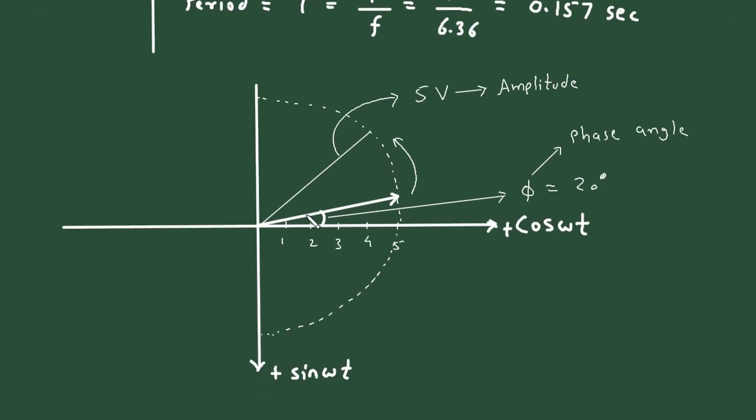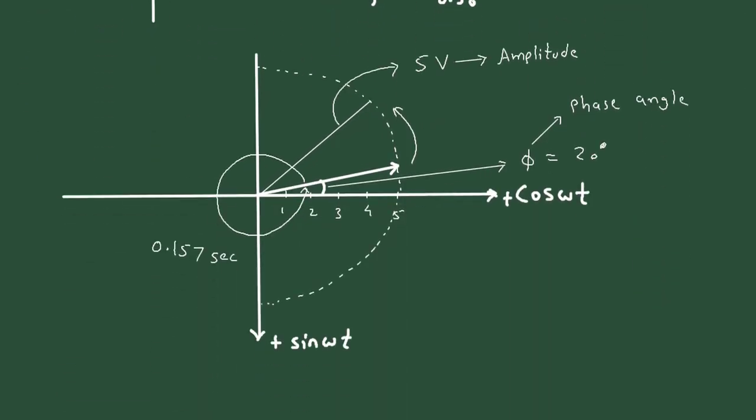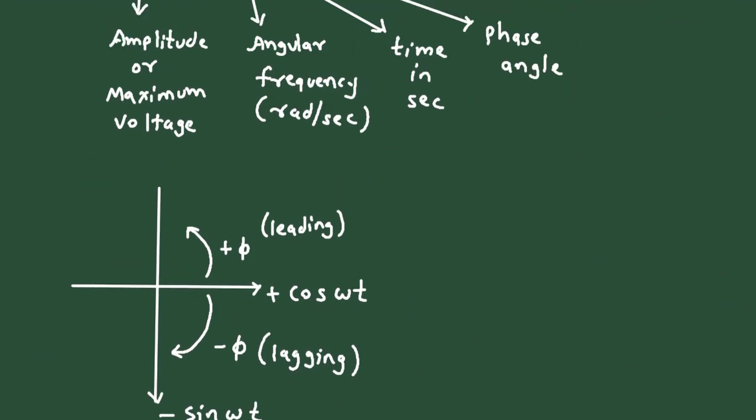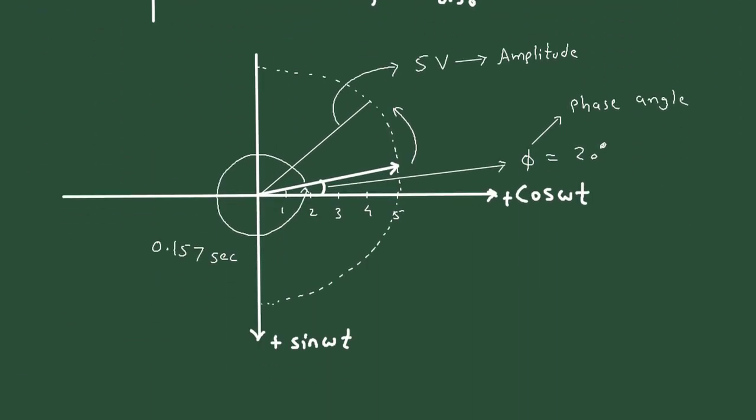That means it will complete this one cycle in 0.157 second. So this is the time period. So this is how we can represent sinusoidal function by graphical representation. Thanks for watching.